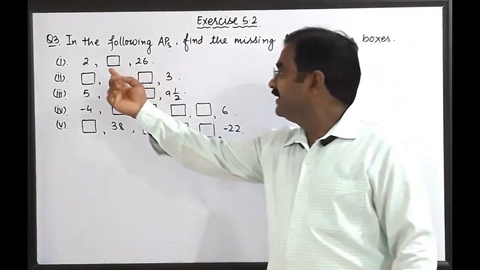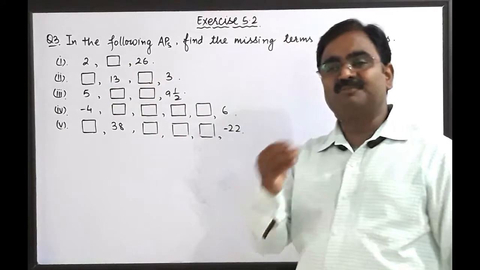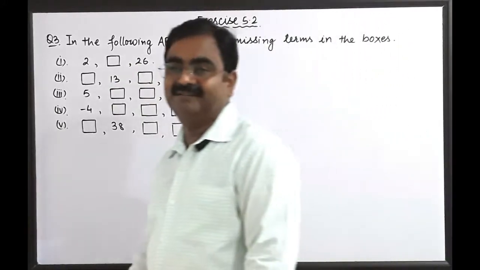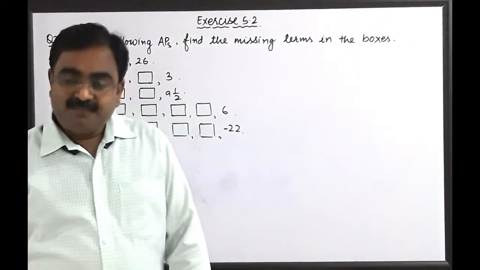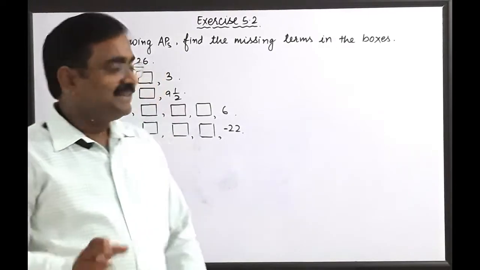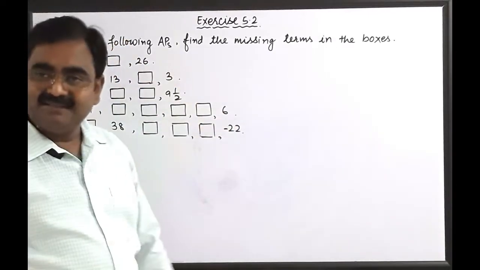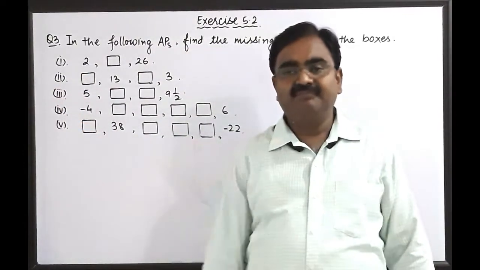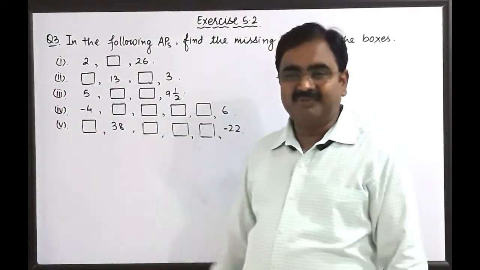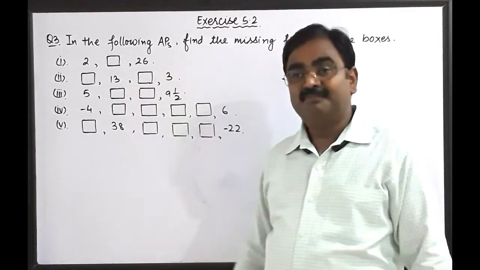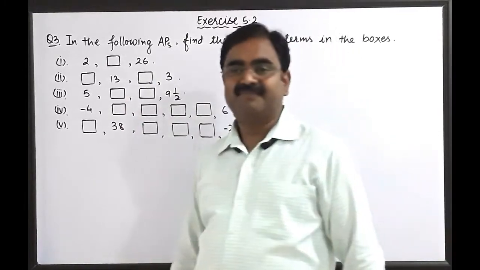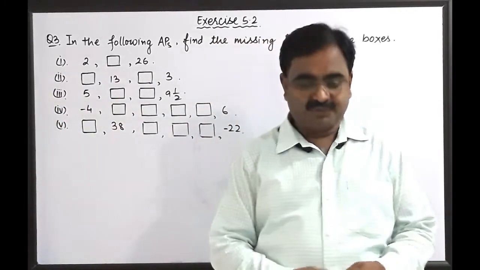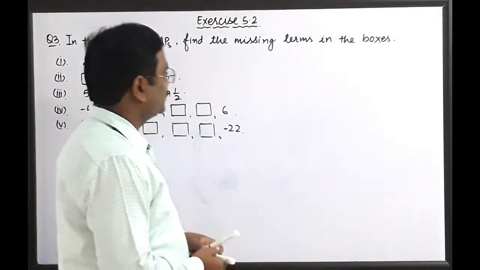Means when the box is made, that missing term we have to find. Okay children, so there are 5 parts. In these 5 parts, we are going to solve 3 of them. Any we have to tell. Like first, we will go to solve the first part. In this first part, your series is given, your arithmetic progression is given.